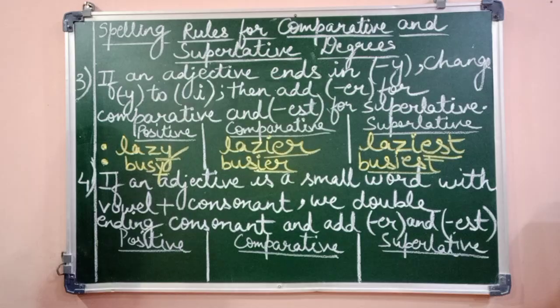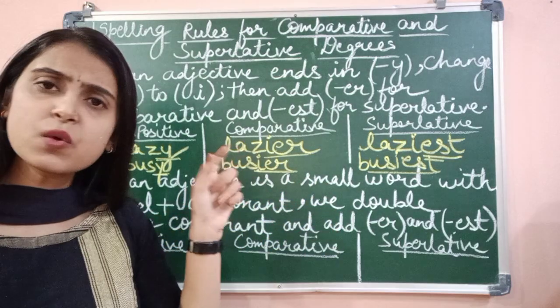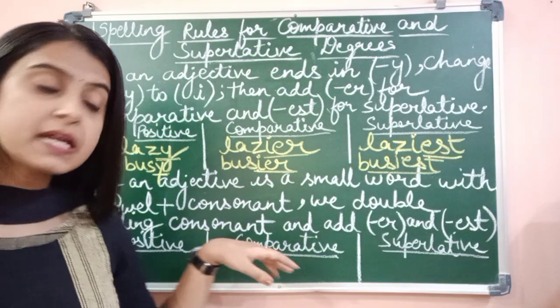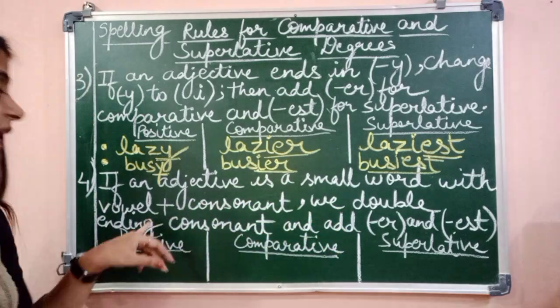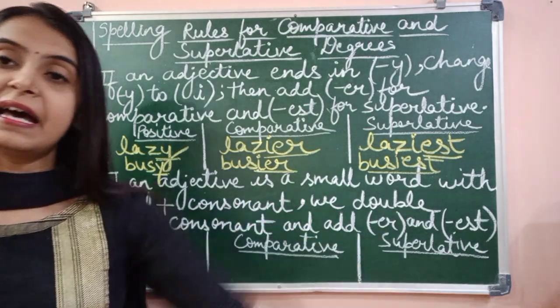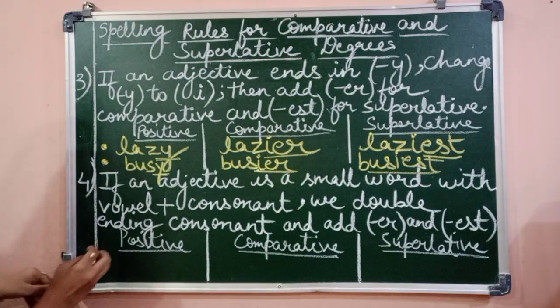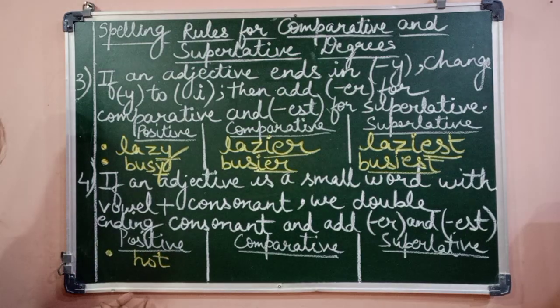Now, the fourth rule says if an adjective is a very small word with a vowel plus consonant, we double the ending consonant and add ER and EST. For example, let us take the adjective hot. See, hot is a very small word.